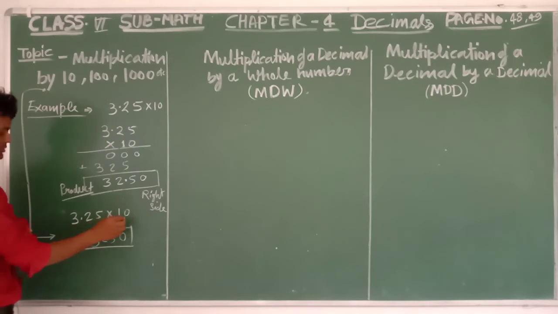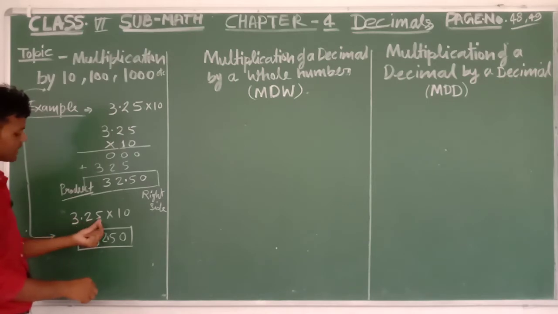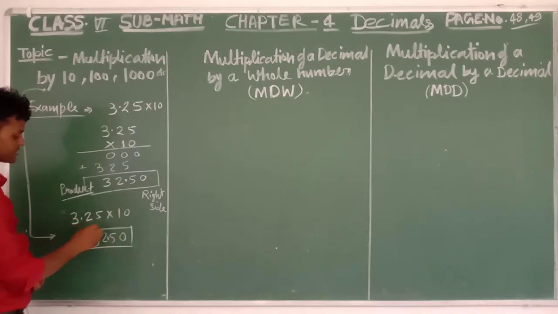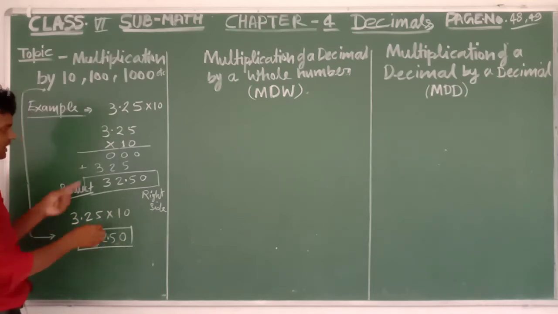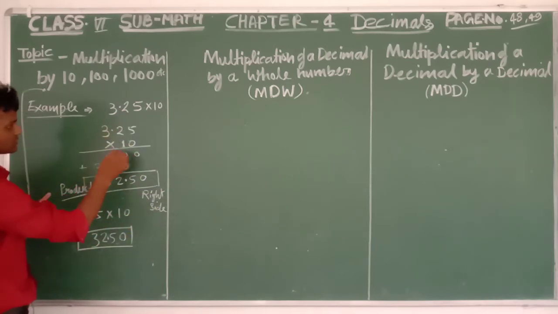Okay, so you can do this type. 3.25 multiply 10. You write here 0 and you write here 0 and you write here the same numbers. I confirm here by the simple form. So 0 times 0 is 0. If we multiply any number with 0, you get 0, and if we multiply 1 by any number, you get the same number.